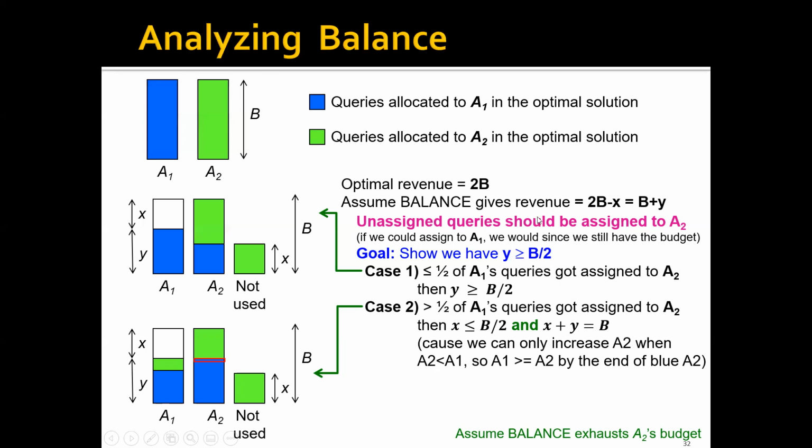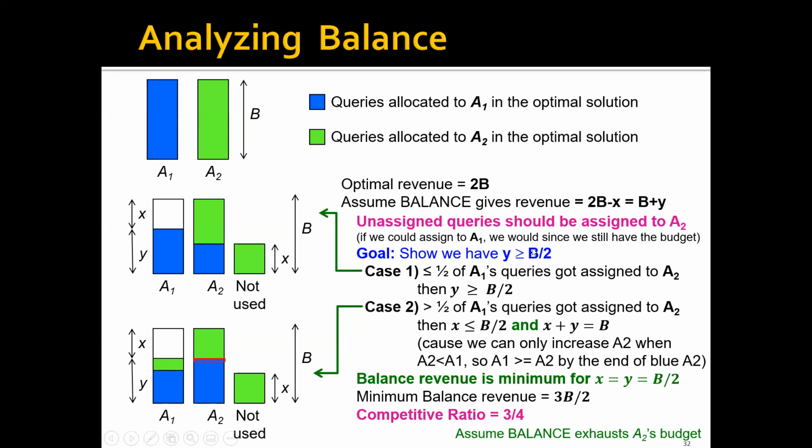Then we already know that in both cases, Y is larger than or equal to B over 2, meaning that our revenue is always going to be larger than or equal to B over 2 plus B, which is 3B over 2. So basically, the balance revenue will be minimum if and only if X equals Y equals B over 2, right?